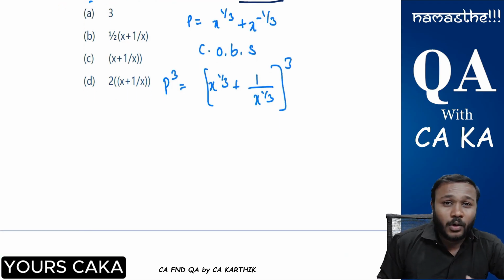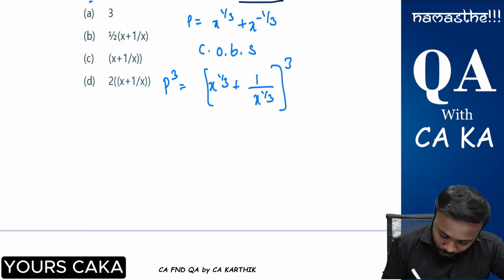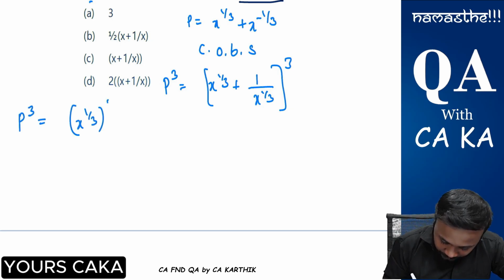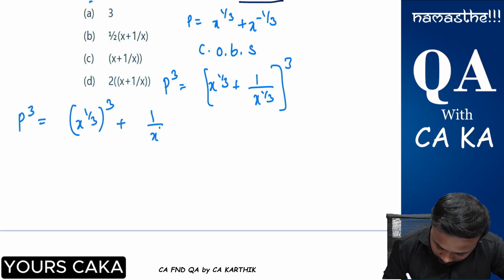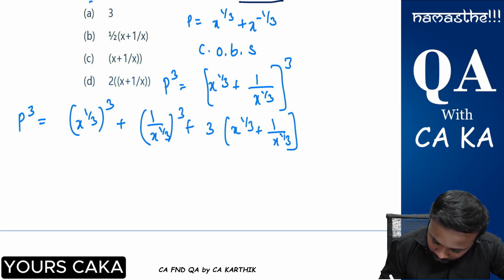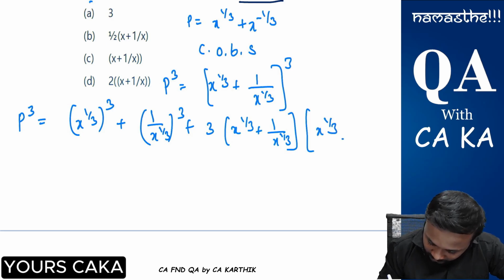I know you all know the formula of a plus b whole cube. So let's split this into the same formula. P cube is equal to, so what is the formula? A cube plus b cube plus 3ab into a plus b. Anything is fine.